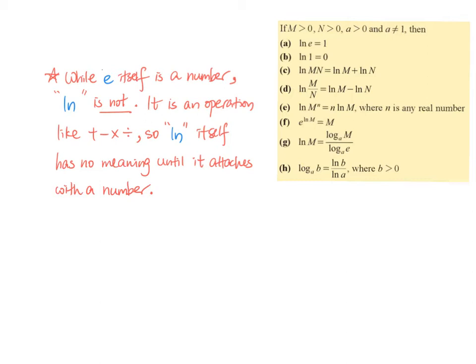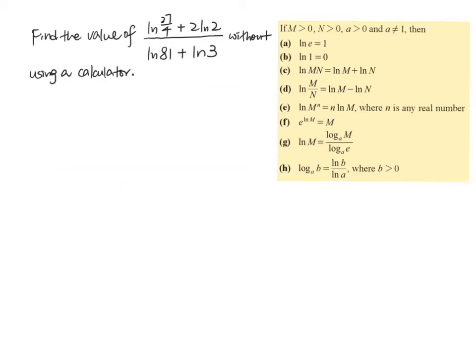Because it's an operation, there are many laws that it follows, so we could use some of these on the problems. For example, for this complicated expression, without using a calculator, we need to simplify some of these expressions, and then we can cancel some of them.